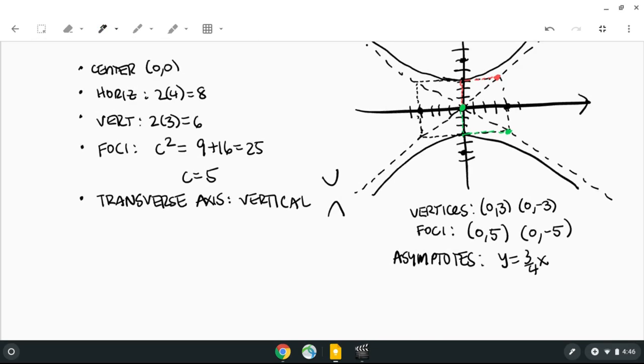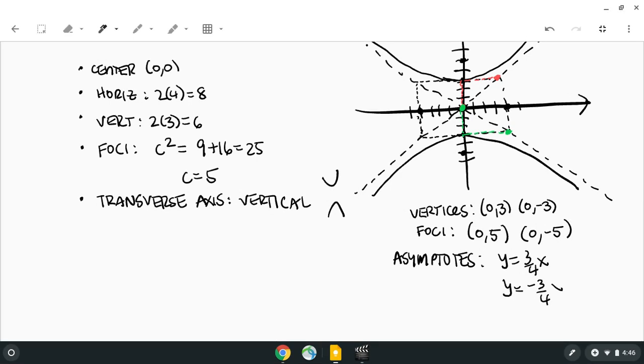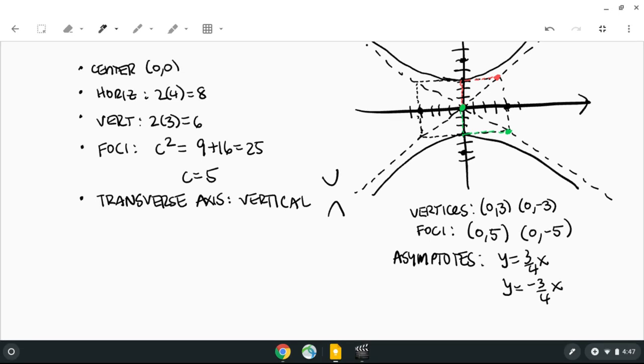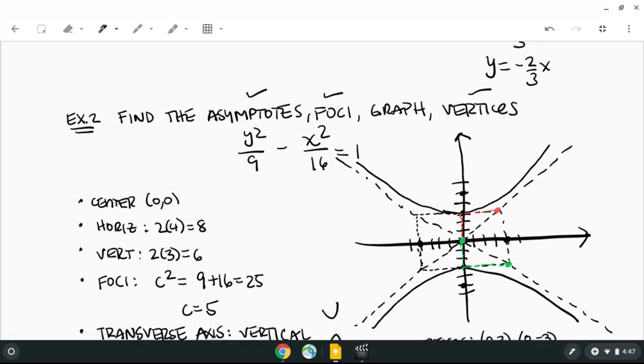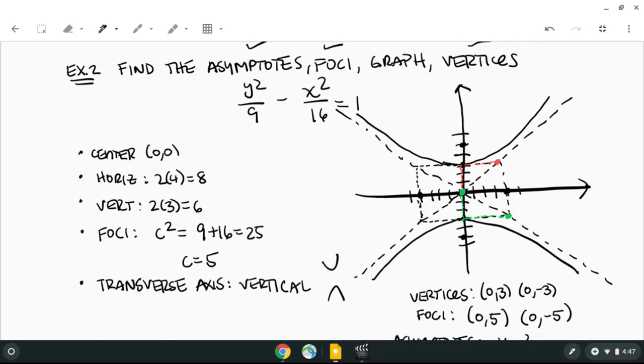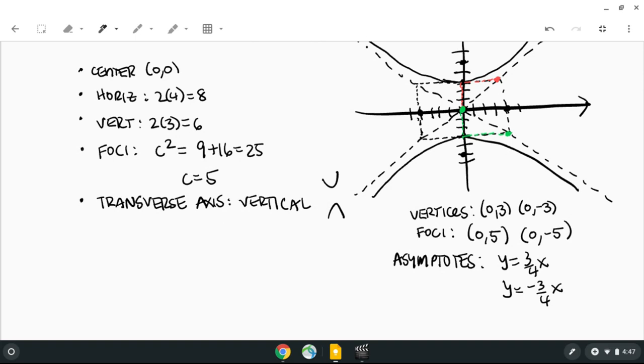So the other one is y equals -3 over 4x. And I believe that's everything: vertices, graph, foci, asymptotes.